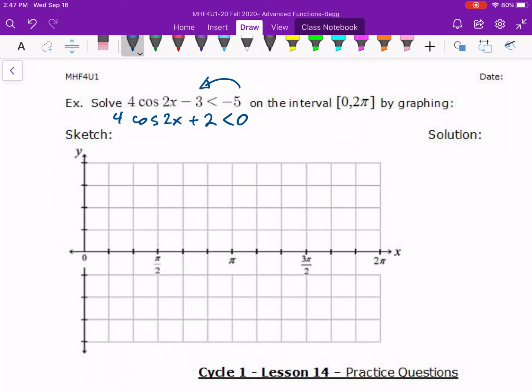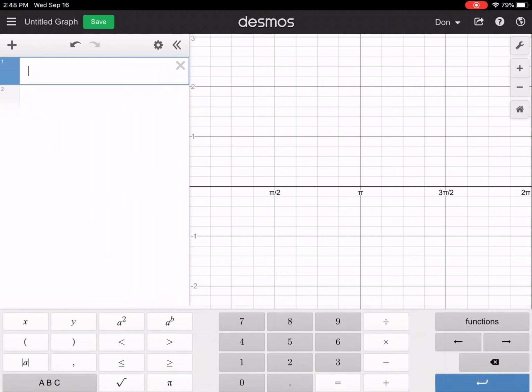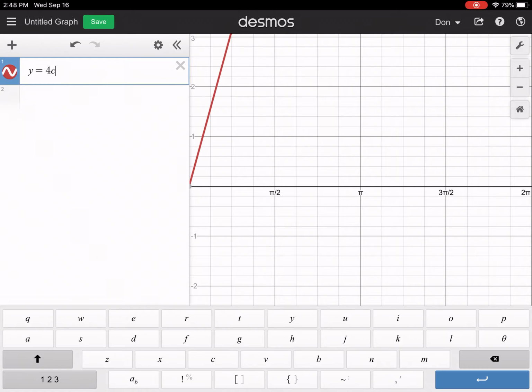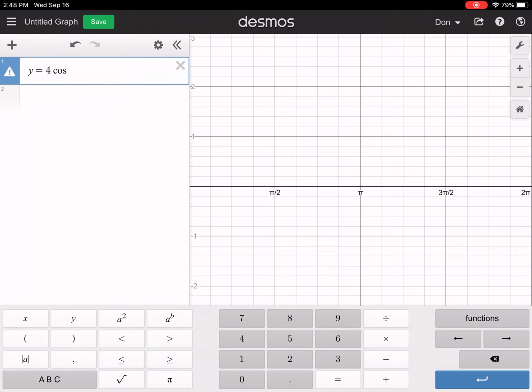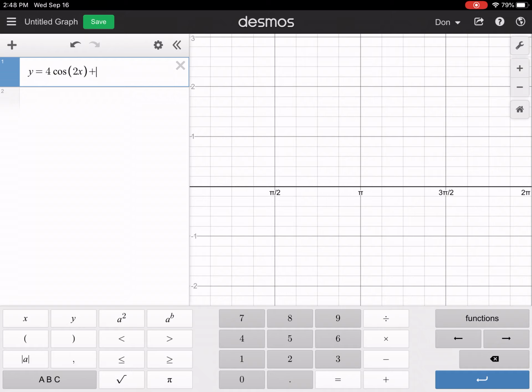And so I'm going to look at 4 cos 2x plus 2, and because it's a less than, I'm going to look for where that graph is below the x-axis. Let's use the keyboard this time so you can see me doing it. +2.